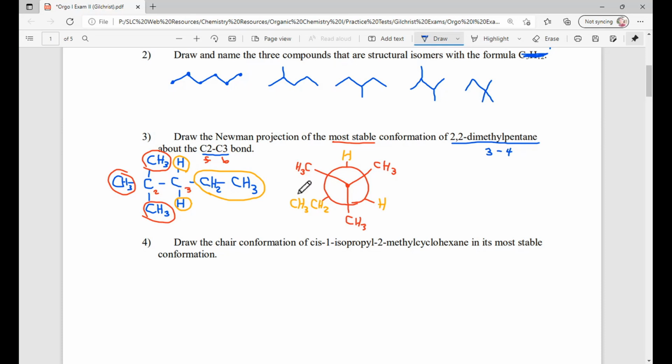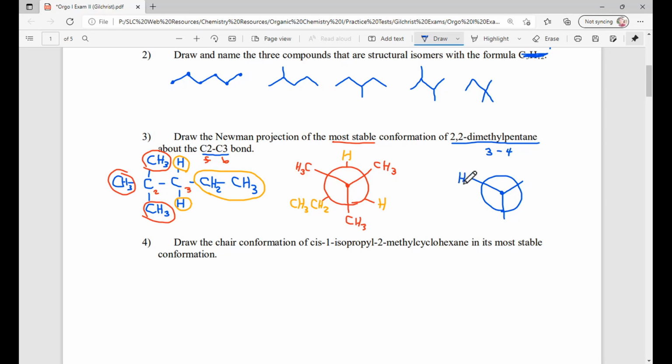Now the C3, let's say, would be the front carbon. And the C4, if that was the back carbon. So the C3 would be attached once again to, if this is the front and this is the back, a hydrogen, and then this tert-butyl group, and then another hydrogen.